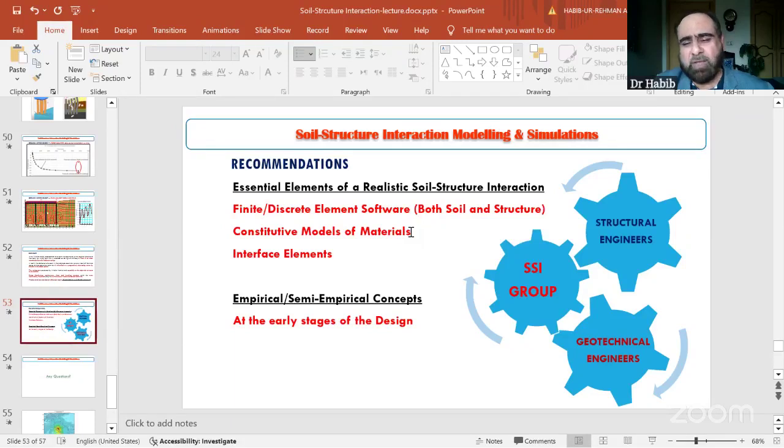Even in the constitutive models of materials, we are still making simplifications wherever we have limitations of laboratory testing, etc. But again, the intent of this lecture is that we should adopt the complexity of the systems as far as possible, because we have an assistant who will be handling that, and we will have software handling that.